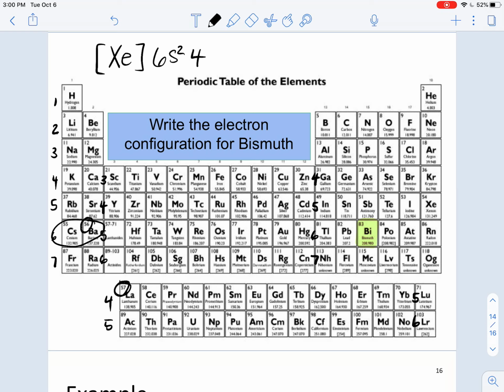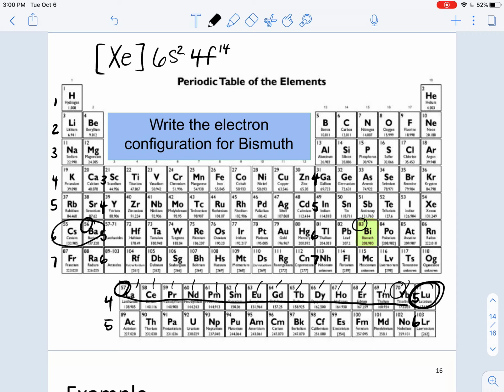So we're going to list 4f. We go through all of these because bismuth's number is 83. So we go past 70 for sure. So that's 1, 2, 3, 4, 5, 6, 7, 8, 9, 10, 11, 12, 13, 14 elements across. So I need to put 14 electrons there.